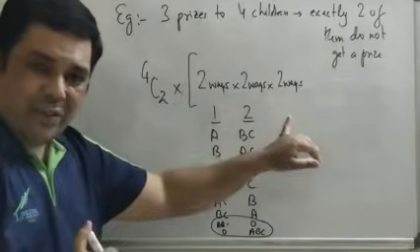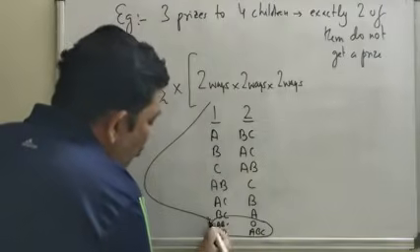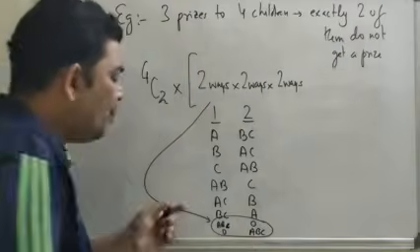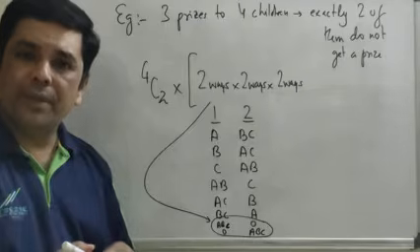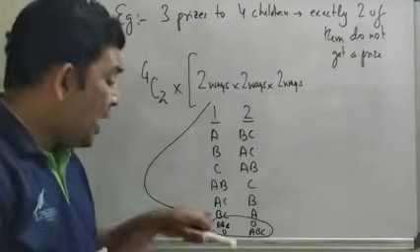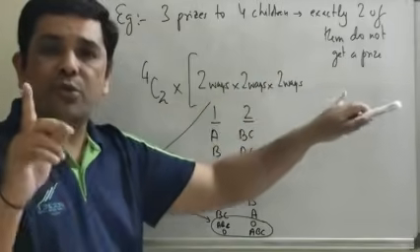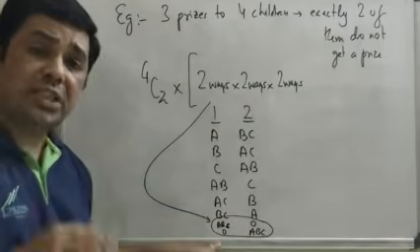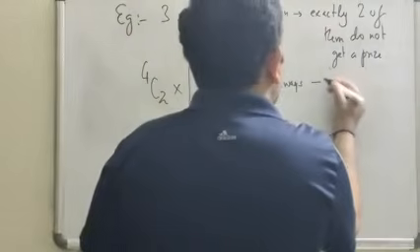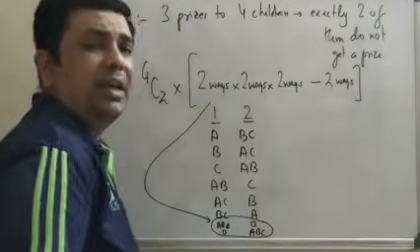Out of these 8 ways, let me repeat, there are 2 ways in which all the 3 prizes are given to one of the 2 children. Now you may like to ask me, why is this not acceptable? Because it says exactly 2 of them should not get a prize. In both these cases, 3 children will not get any prize. So, out of the total, these 2 cases have to be subtracted.